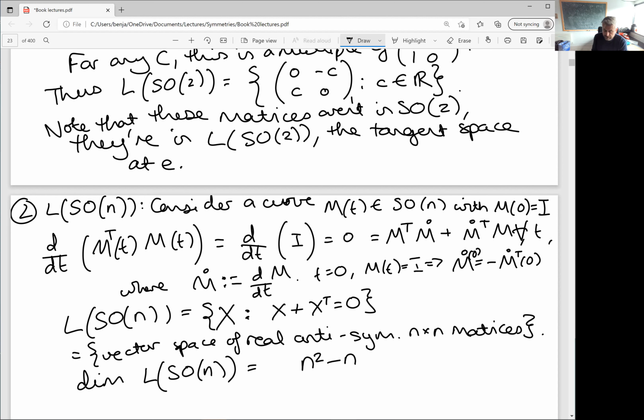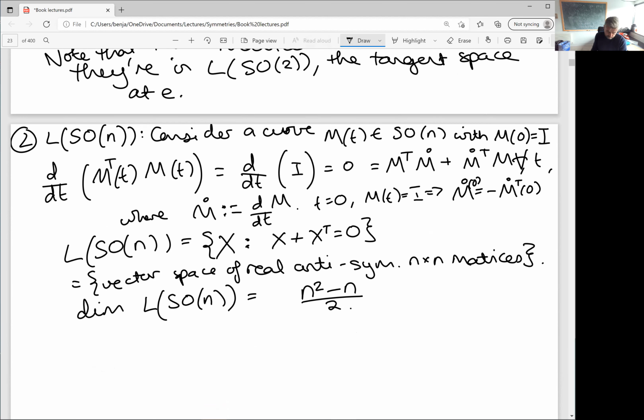So we subtract n. And then we've got off-diagonal elements, but all the ones underneath the diagonal are just minus the ones on the top. So we divide by 2. So that's the dimensionality of the Lie algebra of SON.